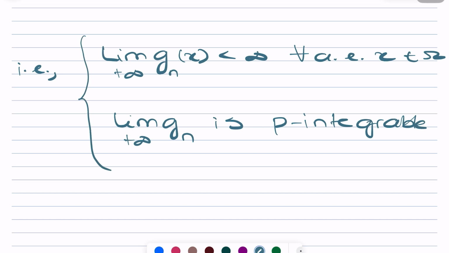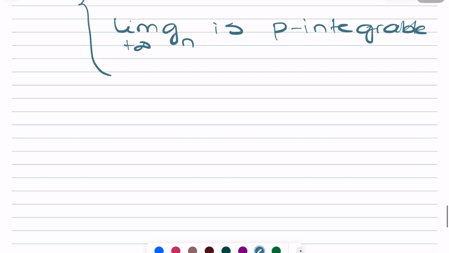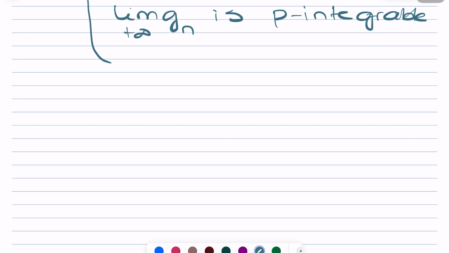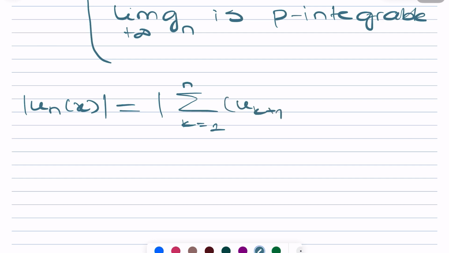Okay, now another thing that you have to see is that the absolute value of un of x is equal to, now you can use a telescopic sum, the absolute value of the summation over k moving from 1 to n of uk plus 1 minus uk of x, plus u1 of x.